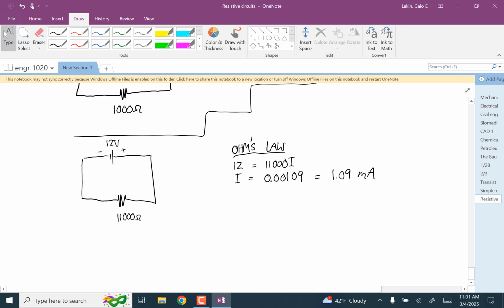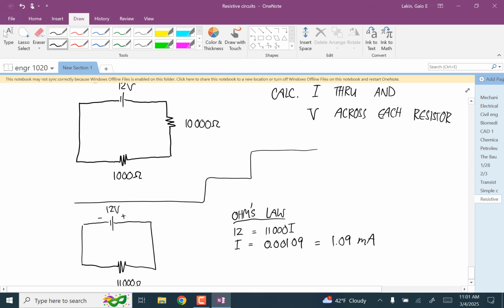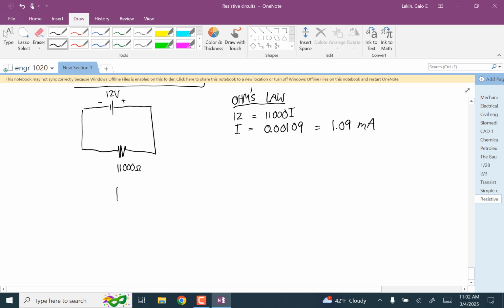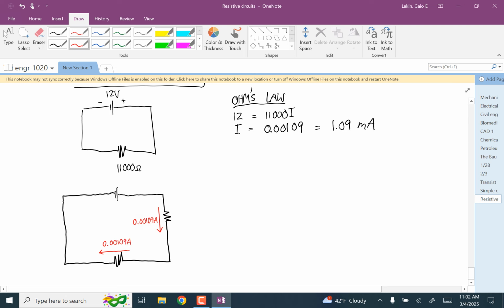And now that we have the current through each of these, now we can go back to the full circuit. So there's the 10,000, here's the 1,000. We know that this one has a current going this way of 0.00109 amps. This one has a current going this way of 0.00109 amps. And so now we can use Ohm's law on both of these.